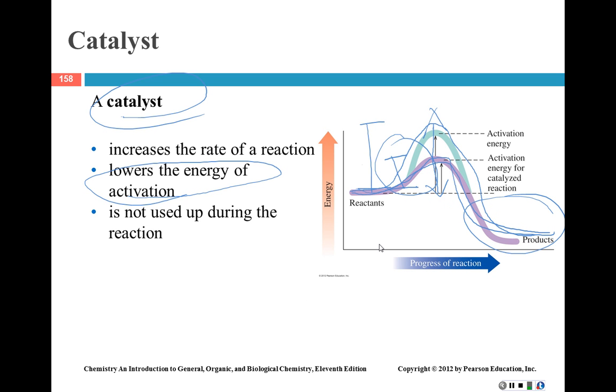And the catalyst, when it's done, it's regenerated, and so it's ready to catalyze that reaction again. So the catalyst increases the rate by lowering the energy of activation, and then it's recycled. It's not used up, and so then it comes back and is ready to do the same thing all over again. And so it increases the rate over and over and over.